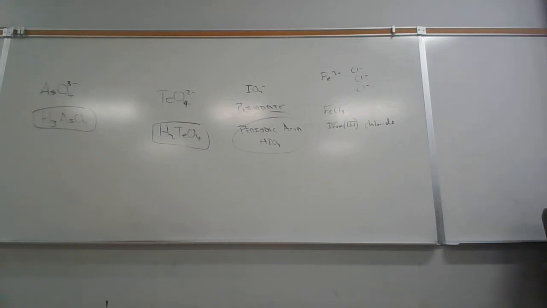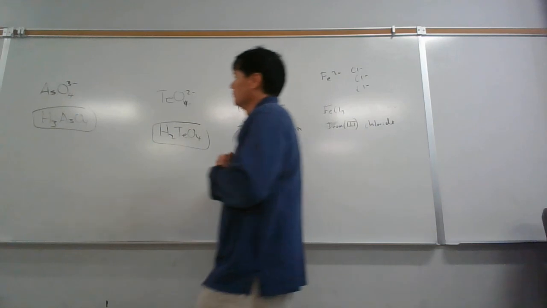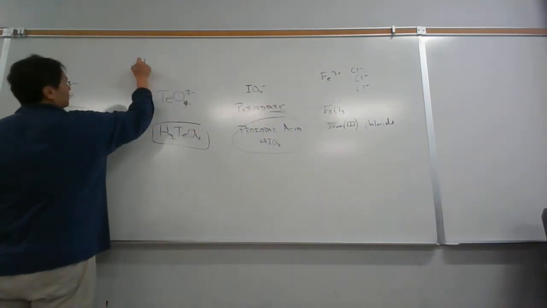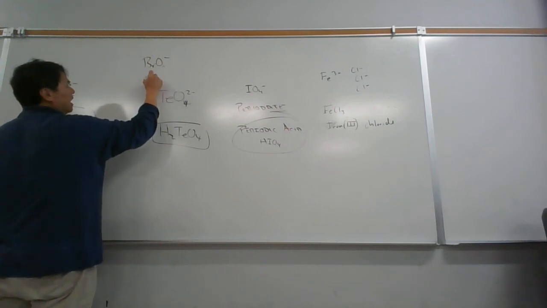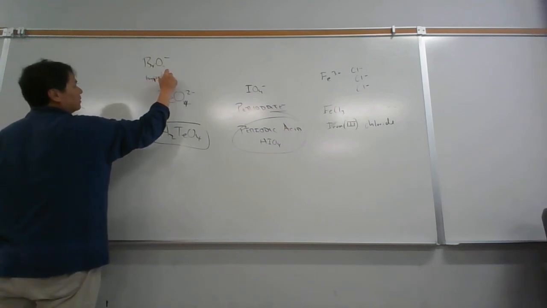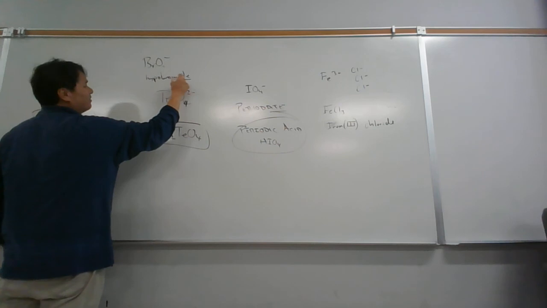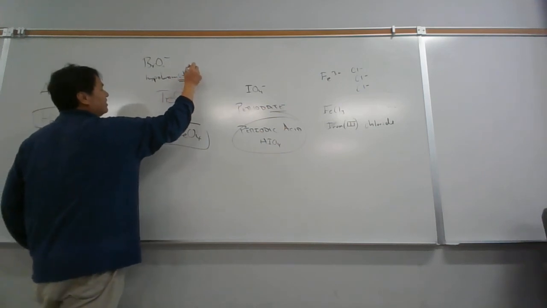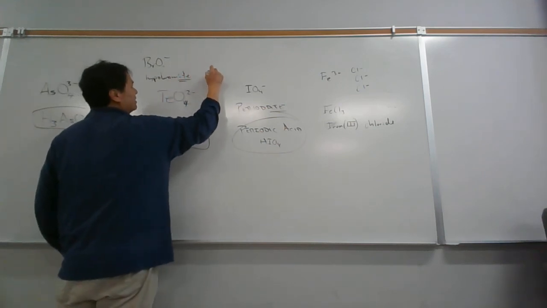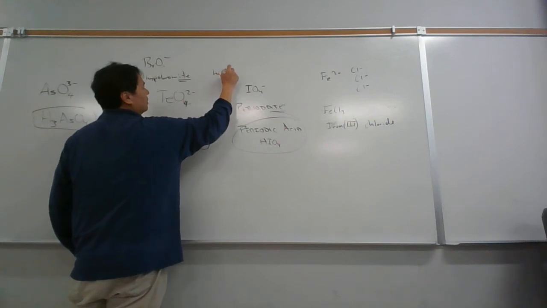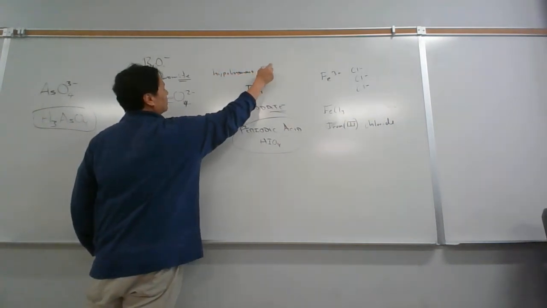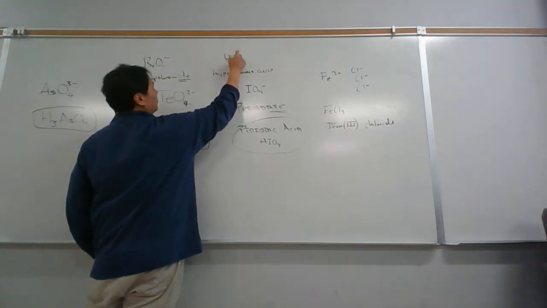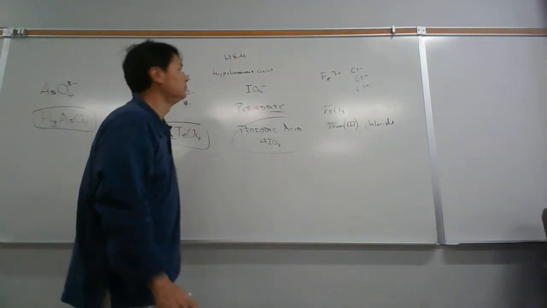If it's hypobromite, then what acid does it give us? What we do is we get rid of the -ite and replace it with -ous acid. So it would be hypobromous acid. HBrO. Hypobromous acid.